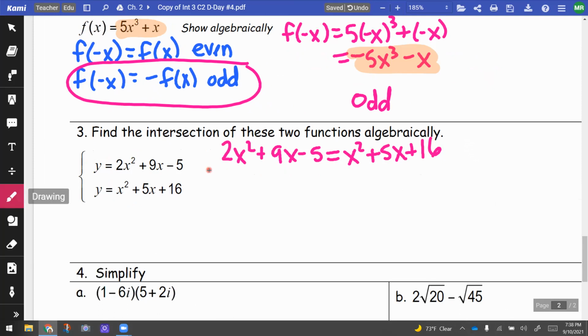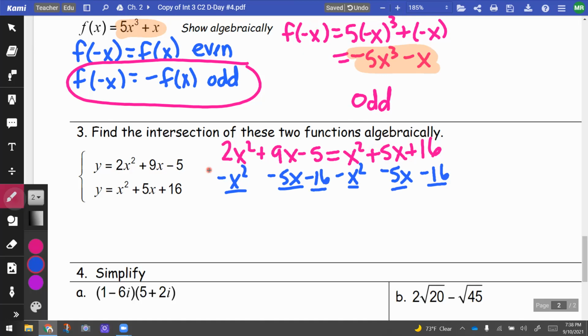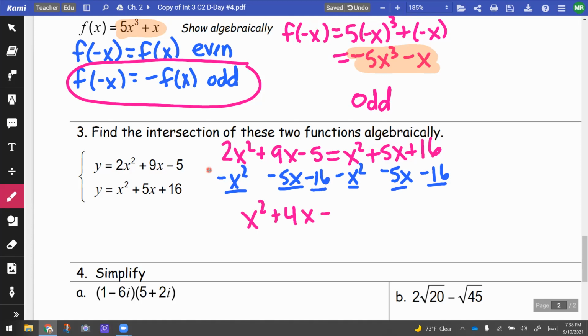So I am going to be subtracting my x squared from both sides. I'm going to be minusing 5x from both sides. I'm going to minus 16 from both sides. And when I do this, I'm going to end up with x squared plus 4x minus 21 equals 0.